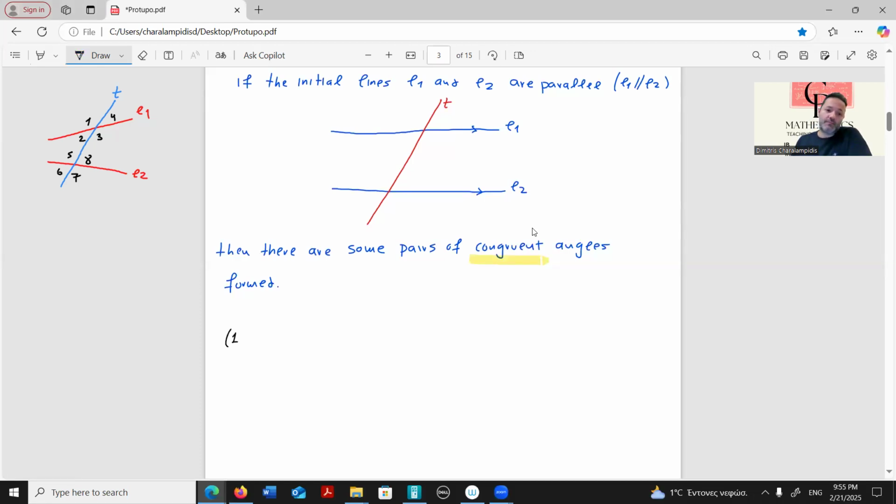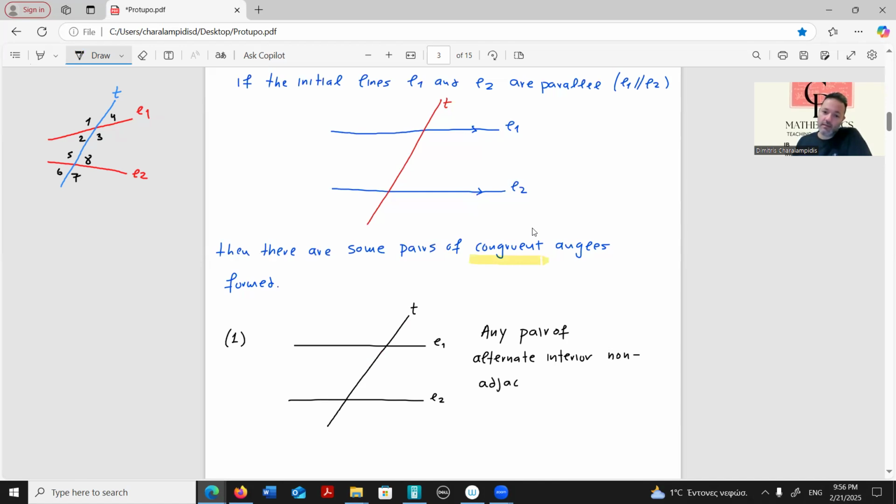Let's see the first one. L1, L2, and T. Any pair of alternate interior non-adjacent angles is always a congruent one.